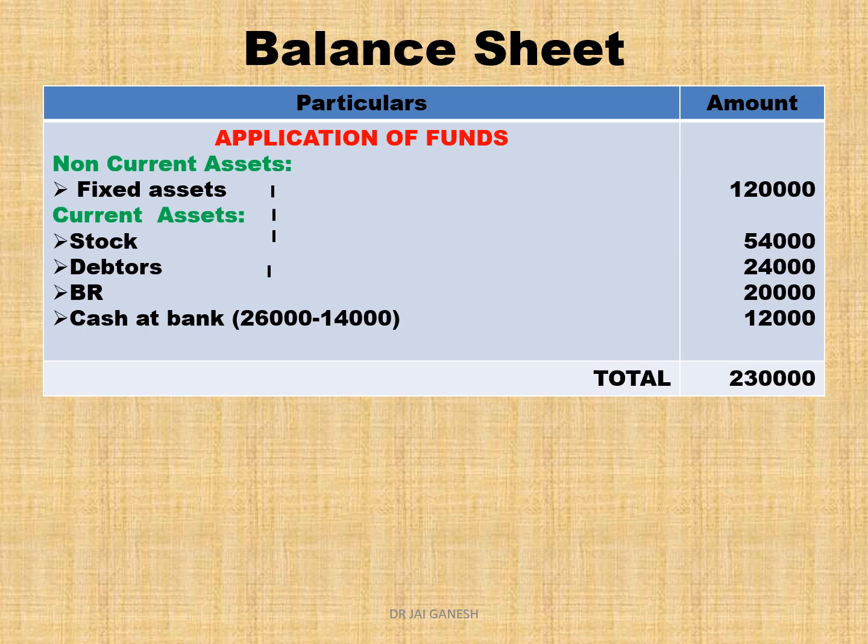Cash at bank taken over at book value 26,000 minus we have this payment of PC. PC 14,000 is paid in the form of cash. So 26,000 cash taken over minus 14,000 payment towards PC. So you get 12,000. Thereby the asset side of the balance sheet tallies with 2,30,000.